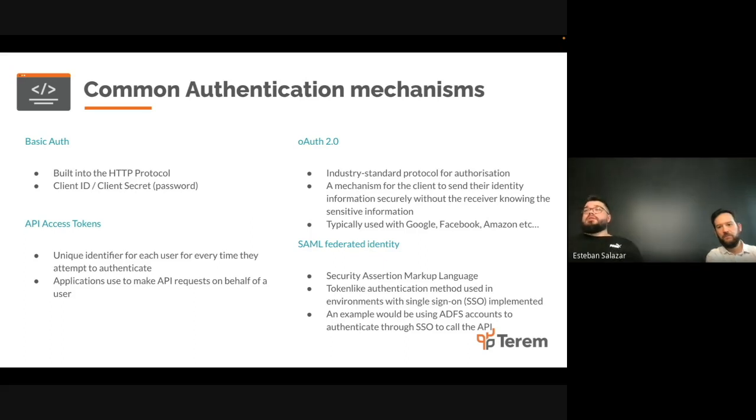And then last but not least, we've got SAML, Federated Identity. SAML stands for Security Assertion Markup Language. It's a token-based authentication method, which is used in environments with single sign-on. An example would be using Active Directory Federated Services accounts, or ADFS accounts, to authenticate through a single sign-on portal to call an API.